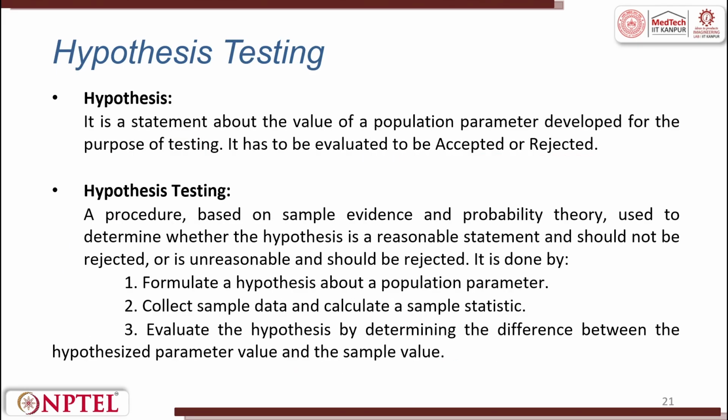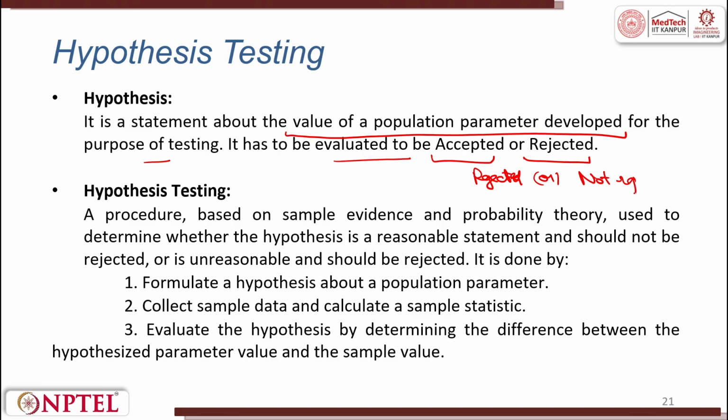Now, what is a hypothesis? It is a statement about the value of a population parameter developed for the purpose of testing. It has to be evaluated to be accepted or rejected. Generally, we say it is rejected or not rejected.